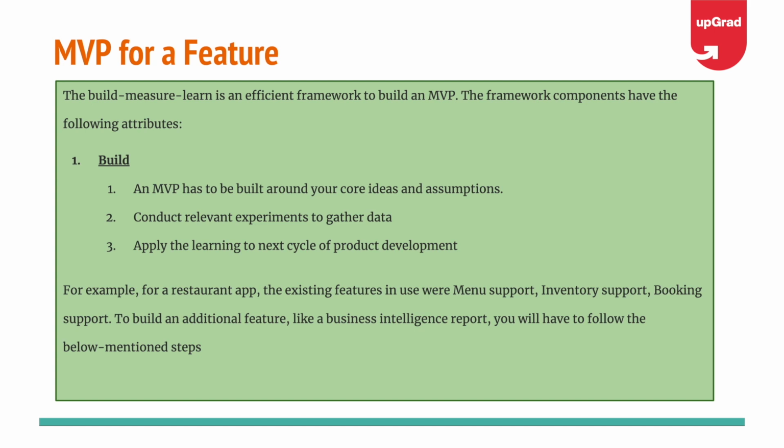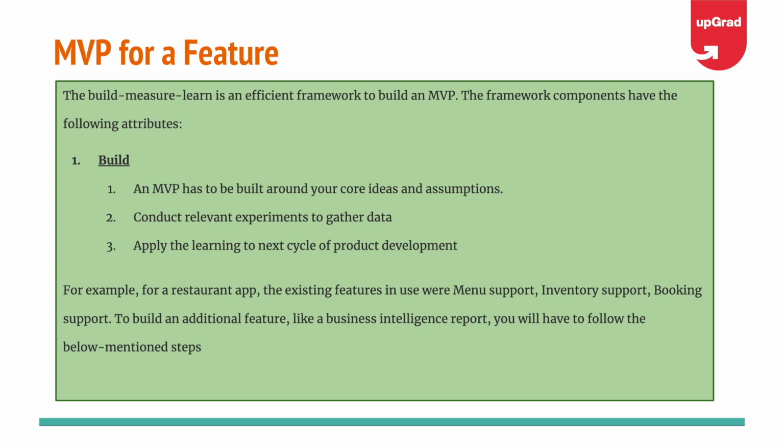So what is build? We already also looked at an example. In the build phase, an MVP has to be built around your core ideas and assumptions. You conduct relevant experiments to gather data and then apply the learning to the next cycle of product development.